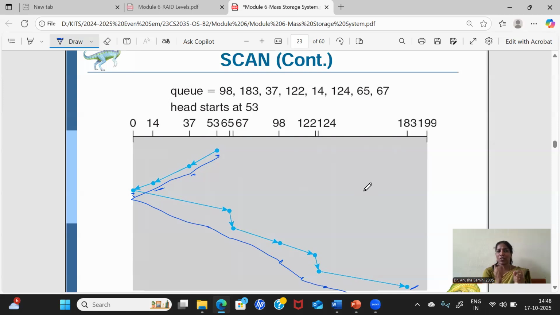For each request it is checking the shortest distance and traversing. Then scan means it is completely coming from the requested end to the starting node. When it is coming from the requested edge to the starting node, in between points it is traversing. That is called a scan scheduling algorithm.